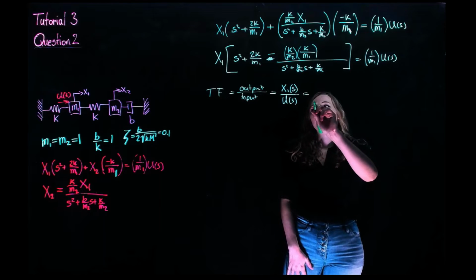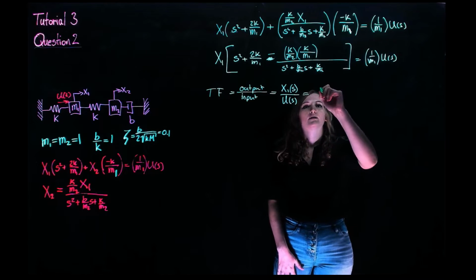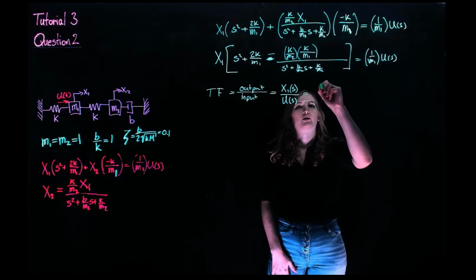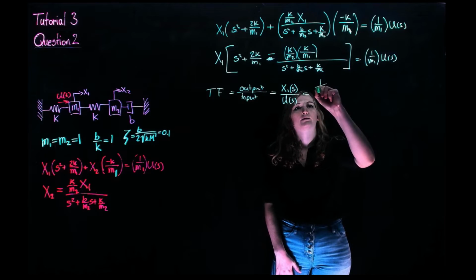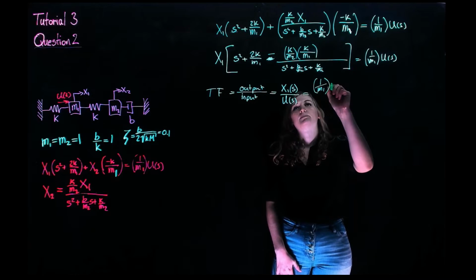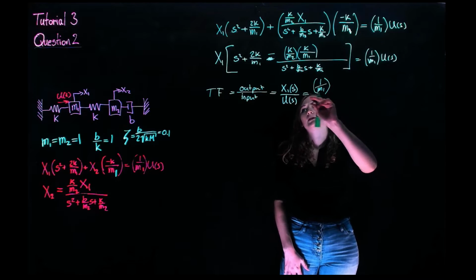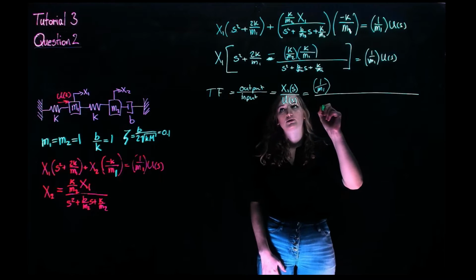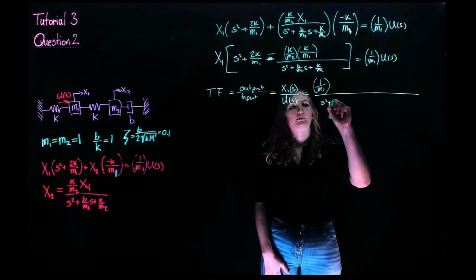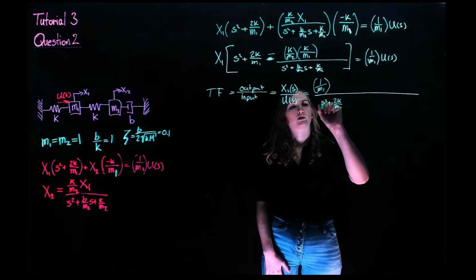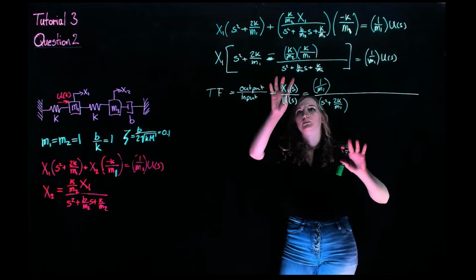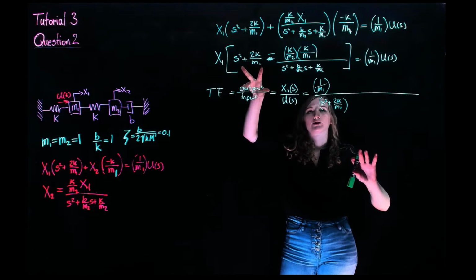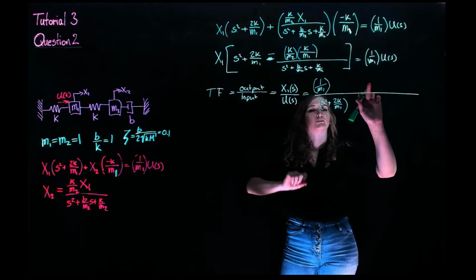It is going to be equal to 1 over m1 in the numerator divided by this entire expression. So we have s squared plus 2k over m1. And at this point, I'm going to get these under a common denominator, and I'll move this to the numerator here.